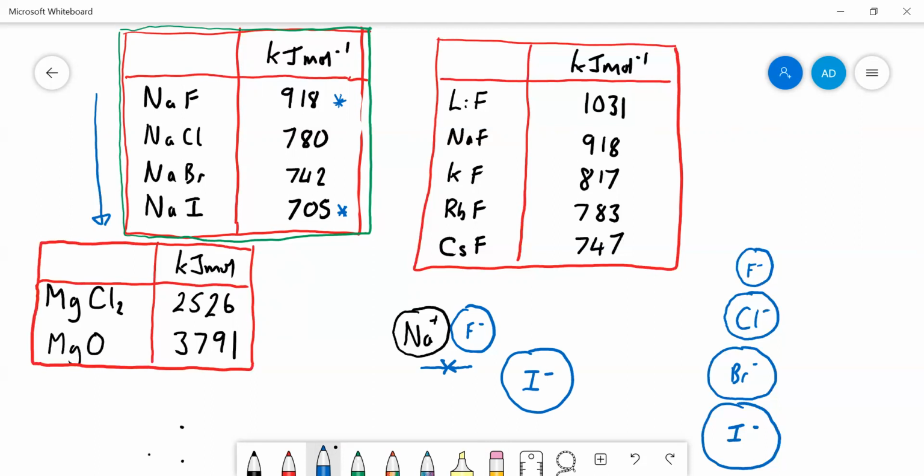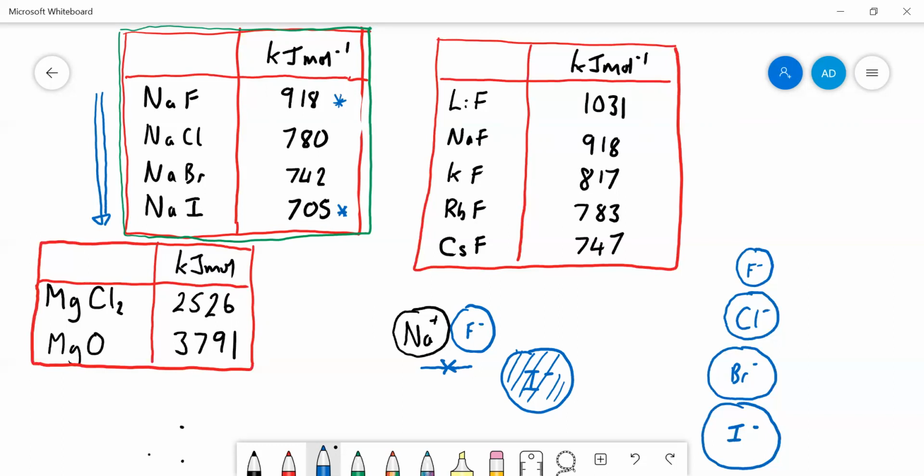It's got one negative charge spread over quite a bigger volume, and so it's not going to be so strongly attracted to the sodium. And that accounts for the trend that we see here. As we go down, the lattice enthalpy becomes weaker. The negative ion is always the same, -1, but it gets bigger, so its negative charge is more spread out. It's not so strongly attracted to the positive sodium.